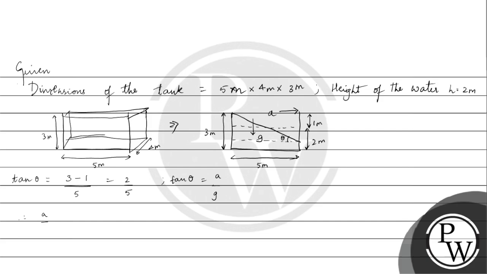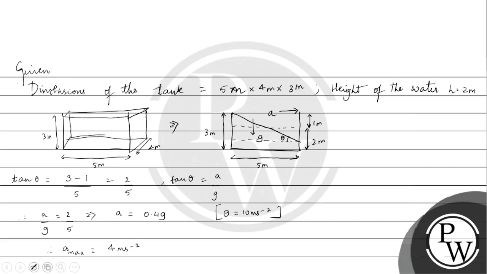Therefore, a by g is equal to 2/5, and we will get a is equal to 0.4 g. तो क्वेश्चन में दिए है कि g is 10 meters per second squared. So therefore, the maximum acceleration is given by 4 meters per second square.